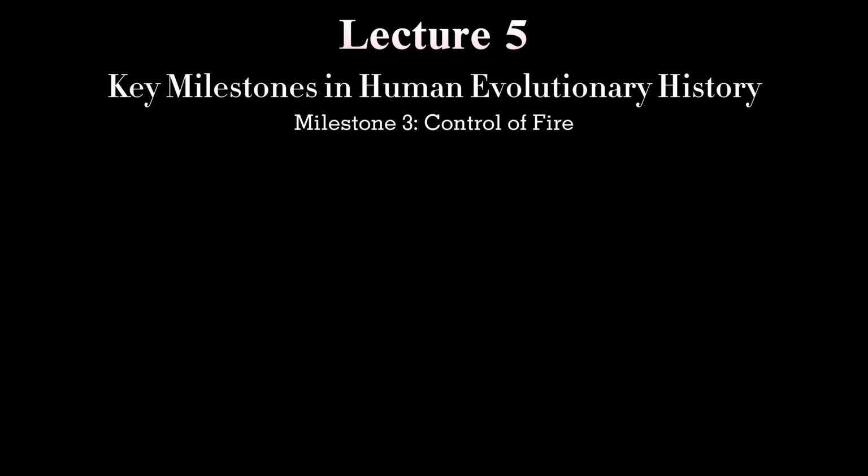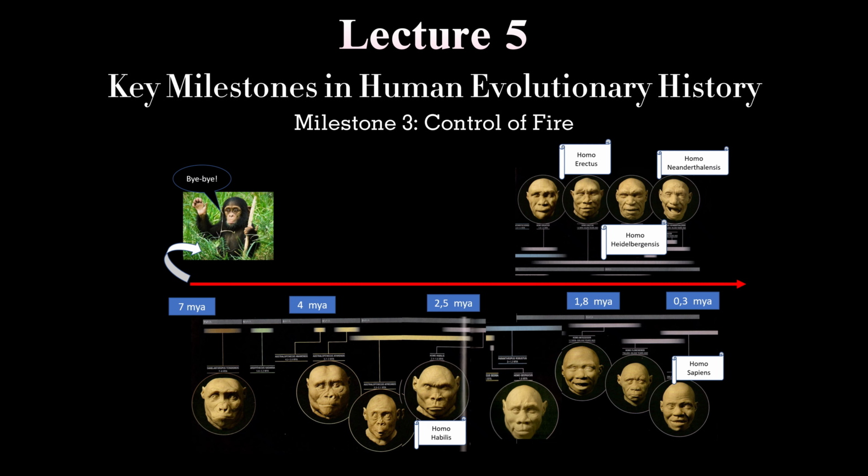Milestone 3. Our next milestone is fire. Although evidence suggests that hominins used fire as early as 1.6 to 2 million years ago, the regular and intentional use of fire for cooking food appears only around 400,000 to 500,000 years ago. While fire enhanced caloric efficiency and supported brain growth, it did not by itself create new brain functions.